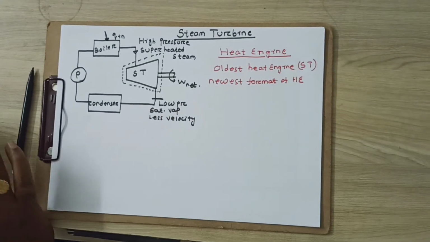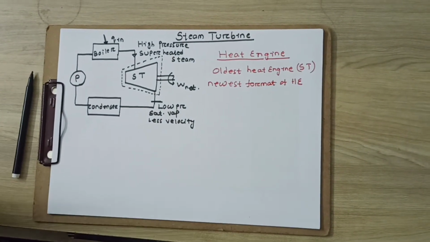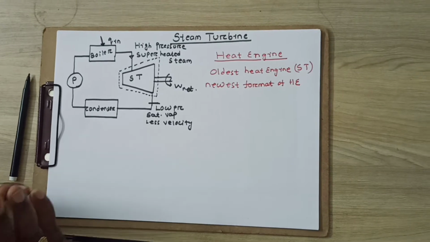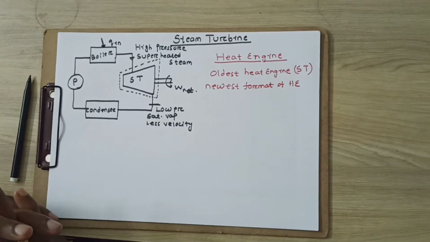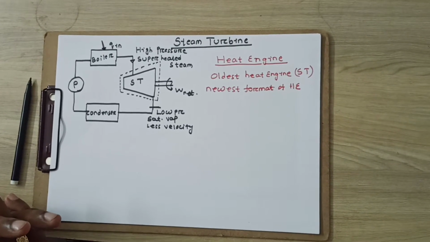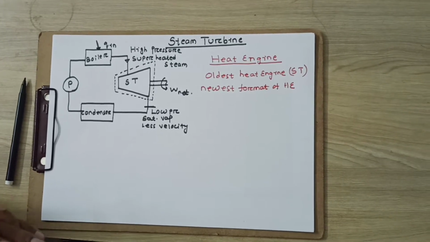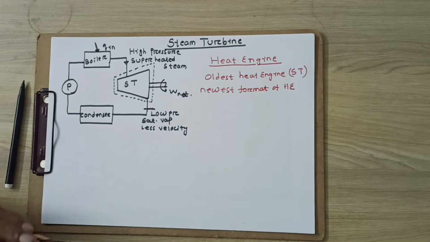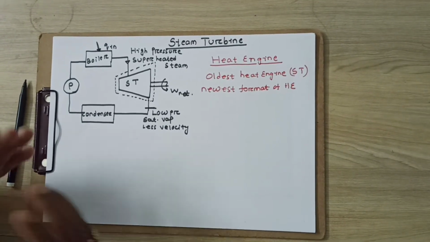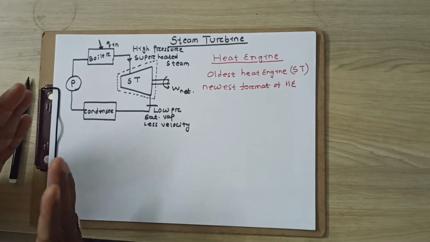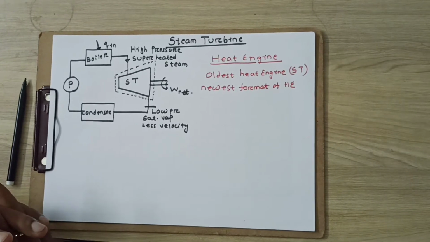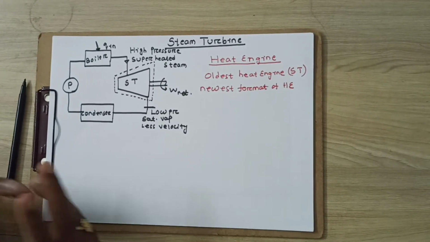Why am I calling it a heat engine? At first sight you may not be acquainted with whether the steam turbine is a heat engine or not. It's no problem, it can be a heat engine, as this heat energy is converted to mechanical energy, so this is a heat engine.